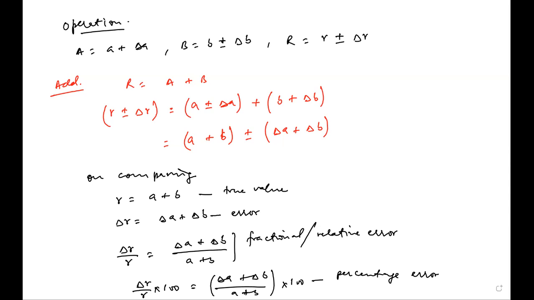So these are 4 quantities which we have to calculate on the basis of this addition. Is it clear till this part? Just write it down.